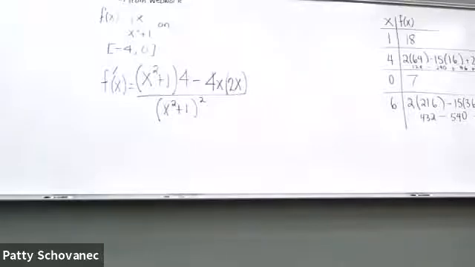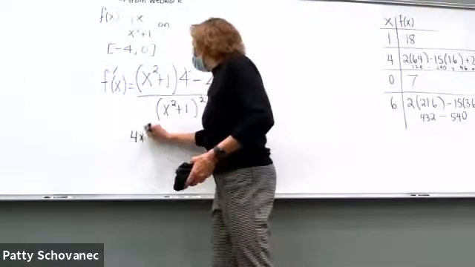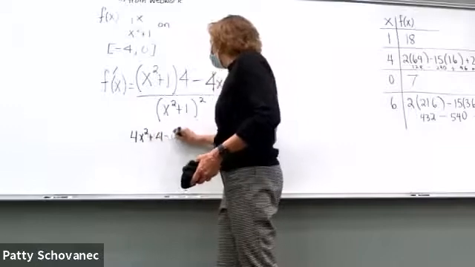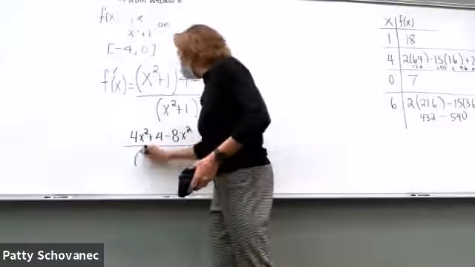So when I multiply out the top, I get 4x squared plus 4 minus 8x squared. All of that is divided by x squared plus 1 squared.